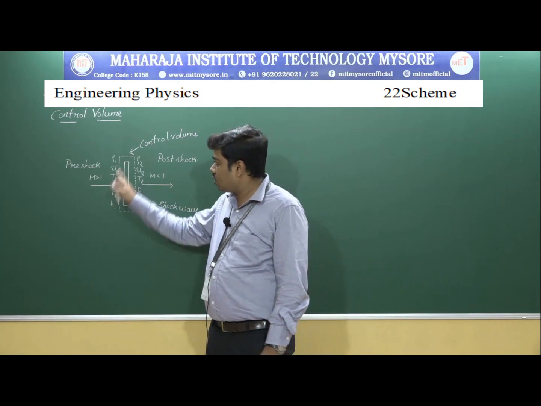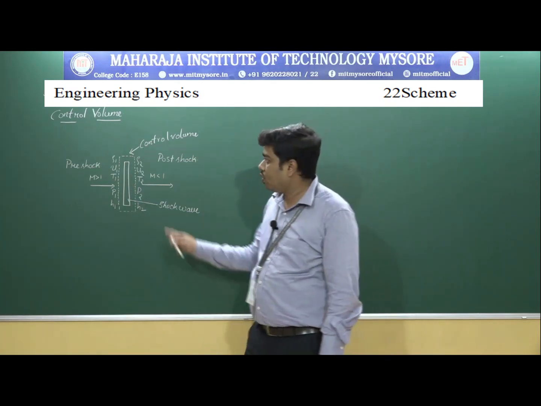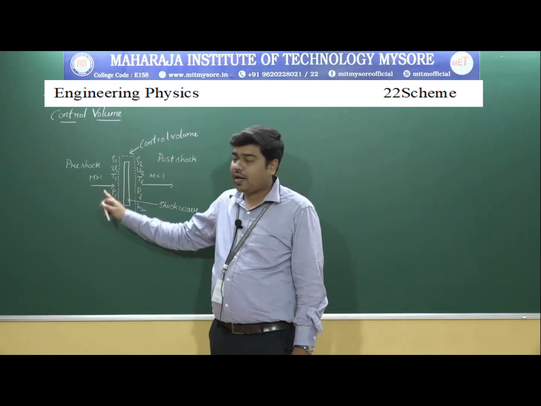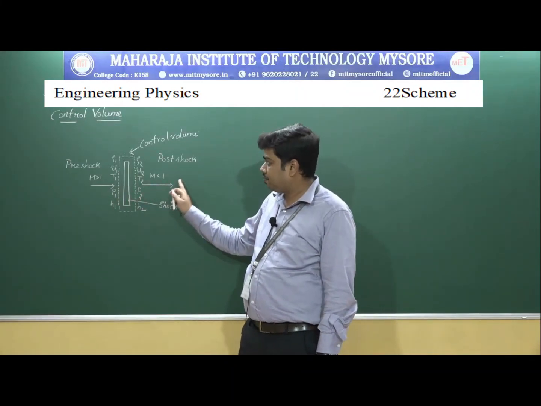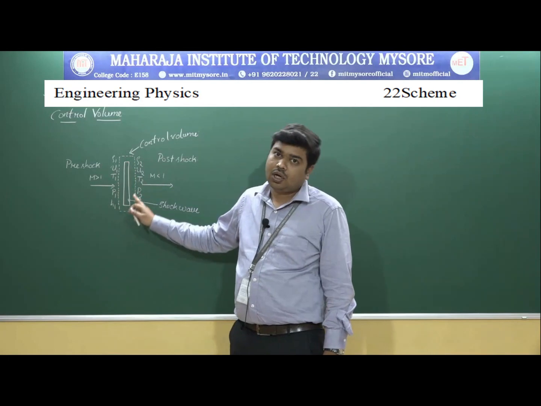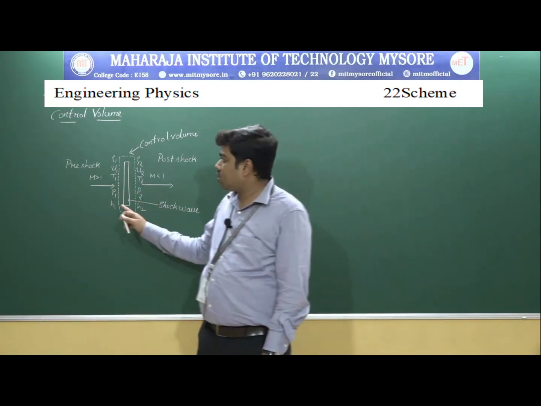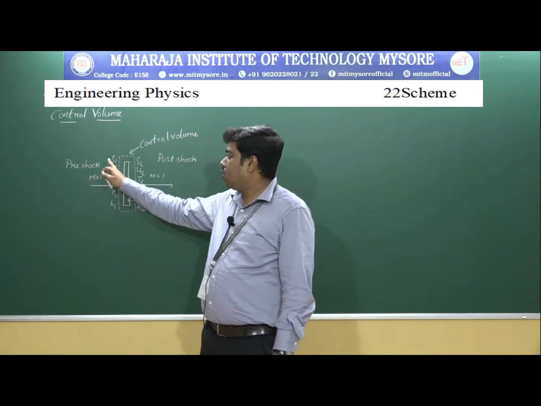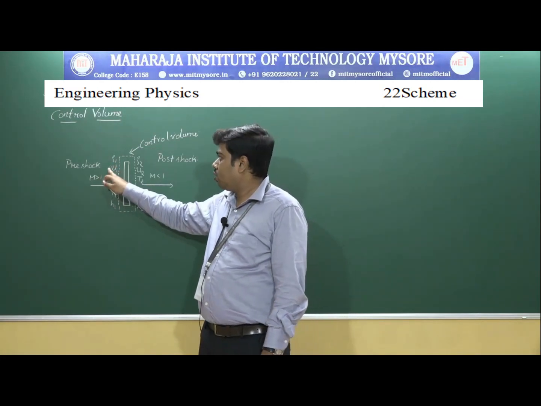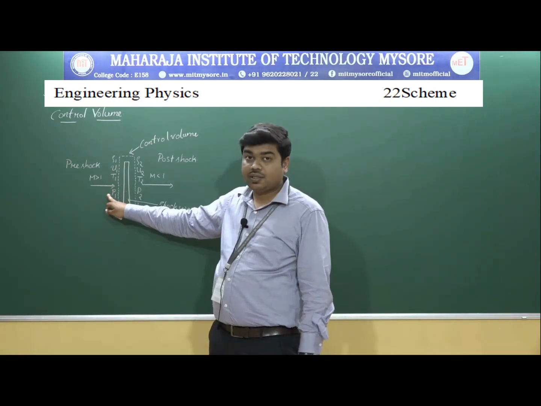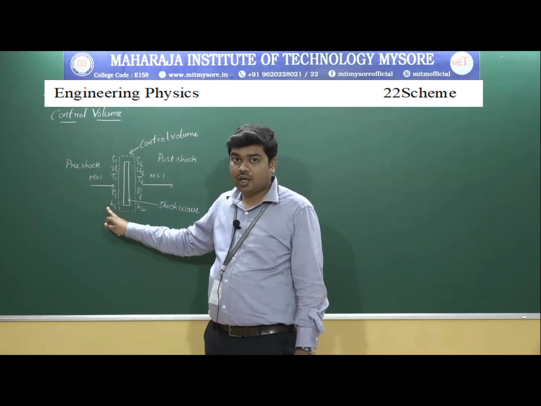If you consider, the whole control volume has been divided into two parts: one is the pre-shock side and one is the post-shock side, and the whole thickness is about 1 micrometer. In the pre-shock side, let ρ1 be the density, u1 the flow velocity, t1 the temperature, p1 the pressure and h1 the enthalpy.